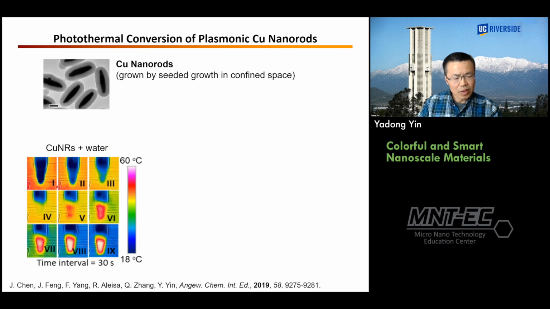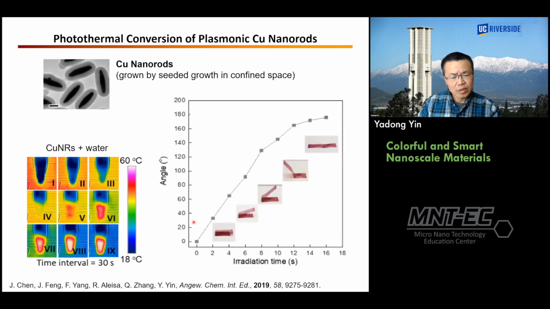Here you can see that once we illuminate the material with light, in this case IR light, this region with the particles becomes hot, and this is the IR camera image, and you see it becomes really hot, and then we can use these materials to initiate localized heating.